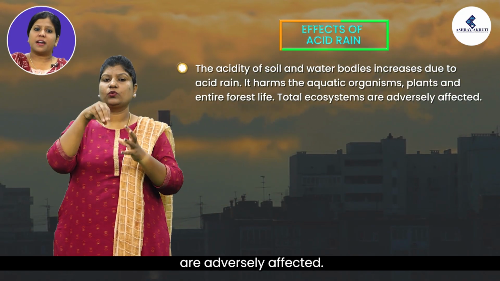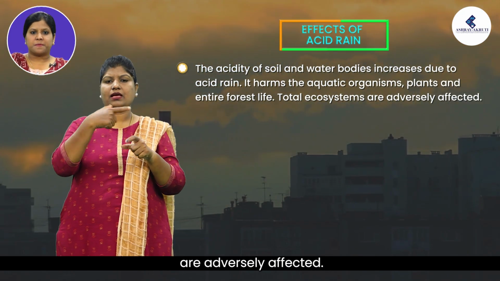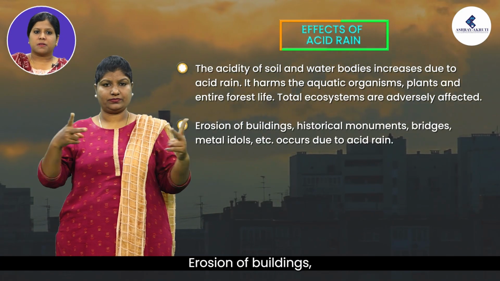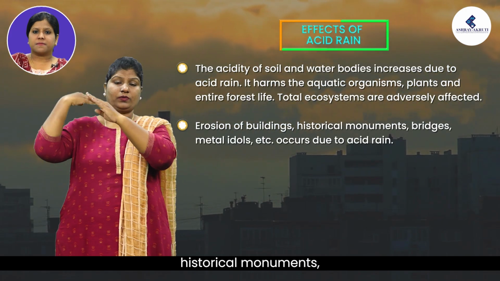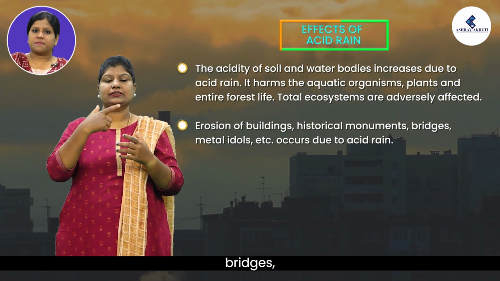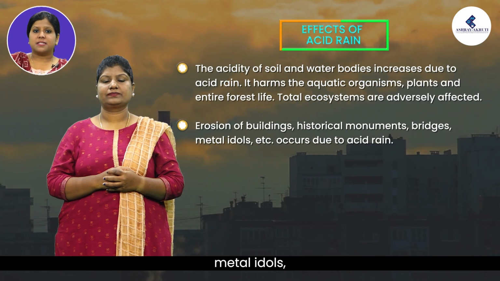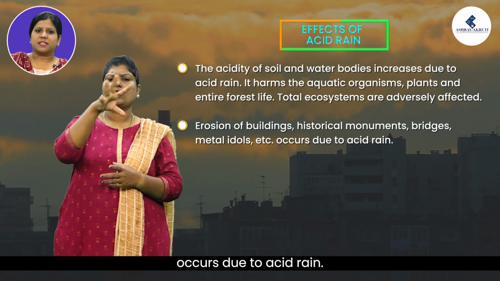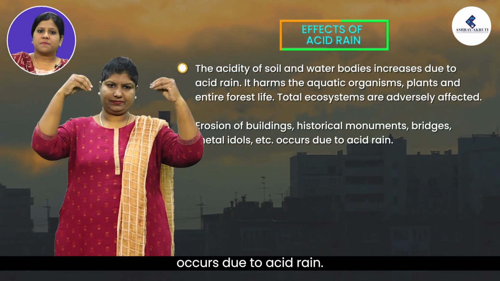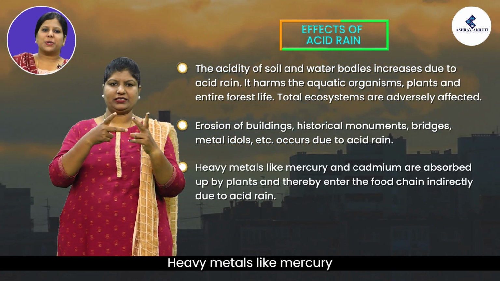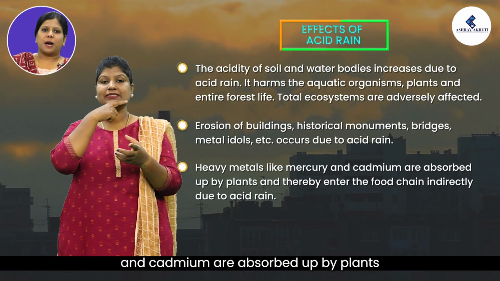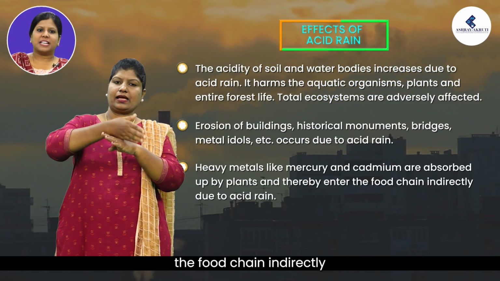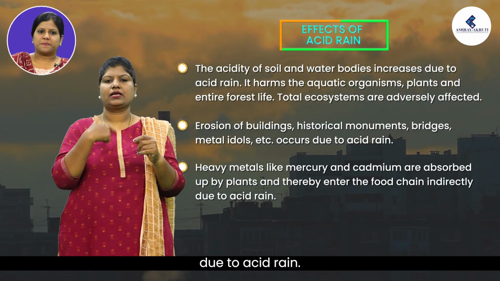Total ecosystems are adversely affected. Erosion of buildings, historical monuments, bridges, metal idols, etc. occurs due to acid rain. Heavy metals like mercury and cadmium are absorbed up by plants and thereby enter the food chain indirectly due to acid rain.